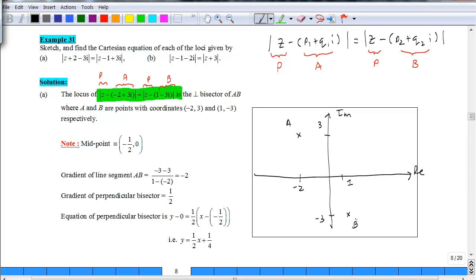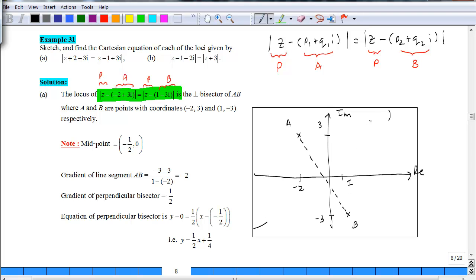Right, so you will connect these 2 points to form the line segment AB, and then from there you use your compass. From the point A, you mark 2 lines like so.